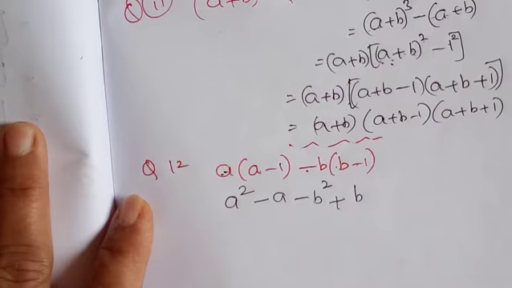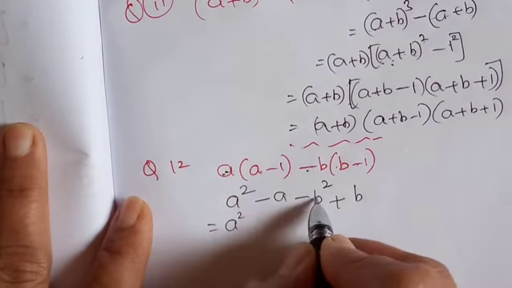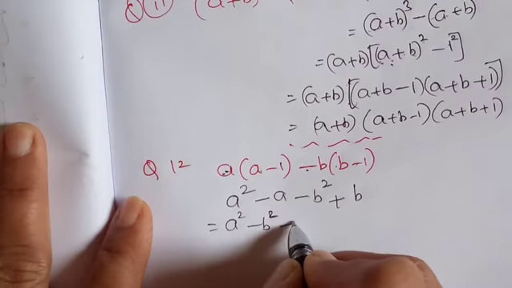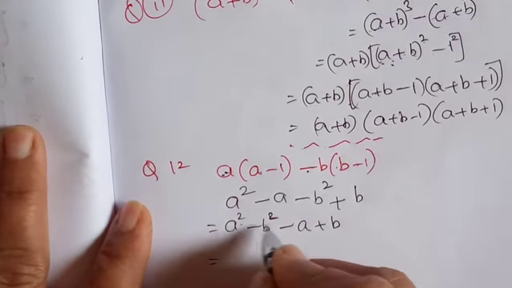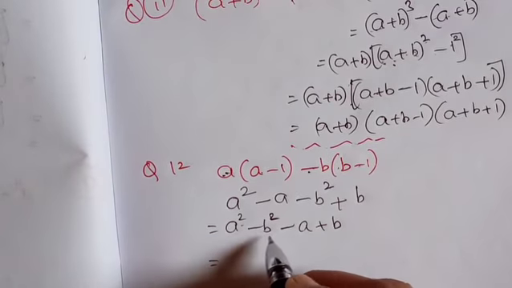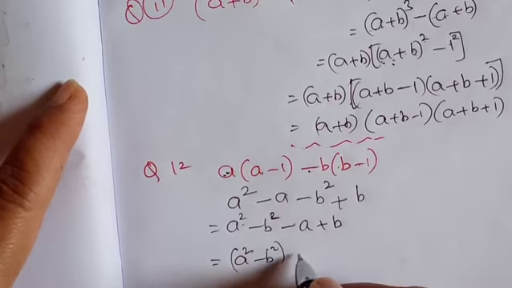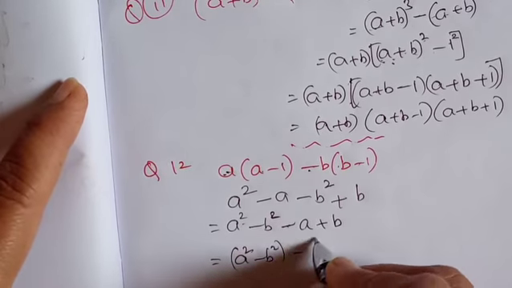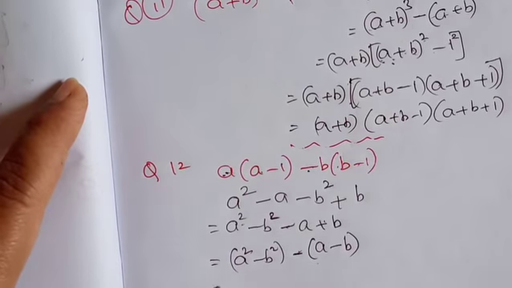Okay children, now regrouping them, a square minus b square minus a plus b. Okay, now here again I can put them in bracket, a square minus b square in one bracket, minus I am taking as common, a, minus into plus minus b will be left.